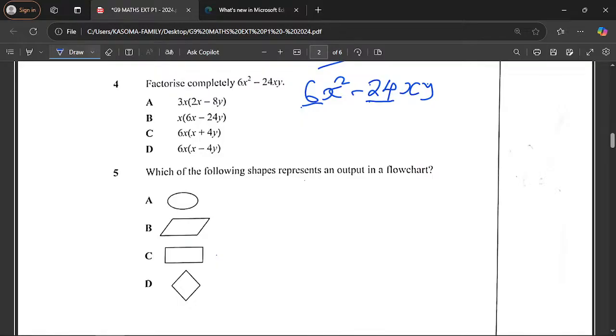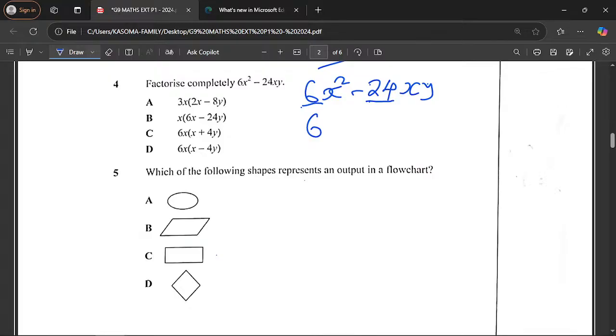We know that 1 can go into 6 and 24, 2 can, 3 can, and 6 itself can go into 6 and 24. So this is the highest number that can go into both numbers. That means we're going to use 6 as the highest common factor, so we write 6 down here.